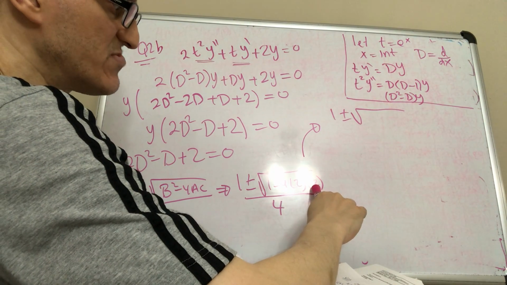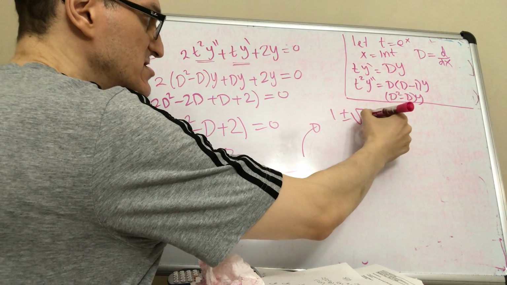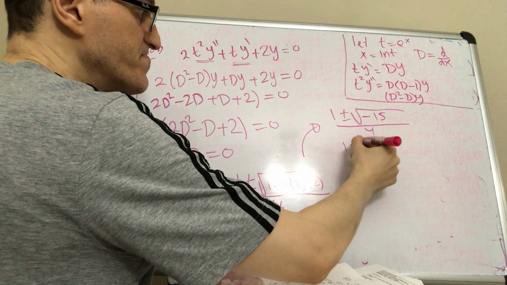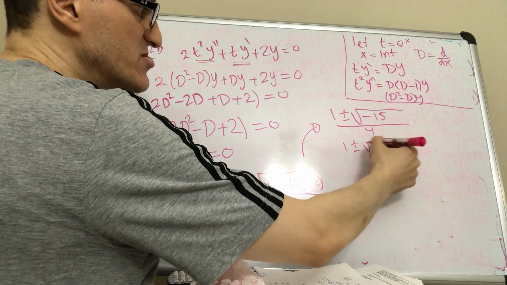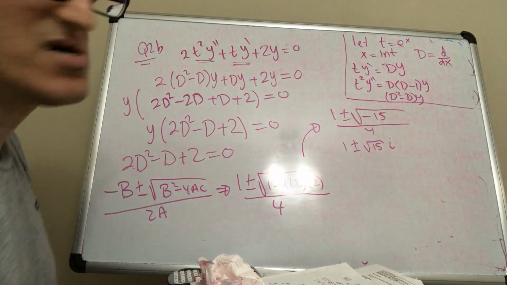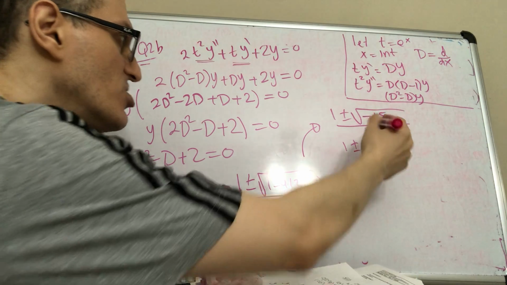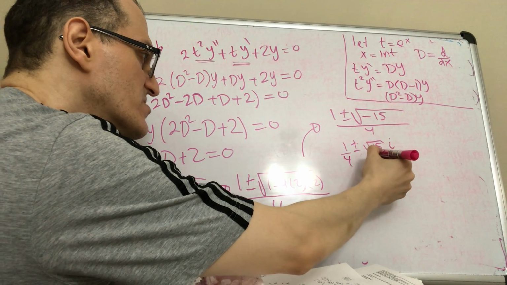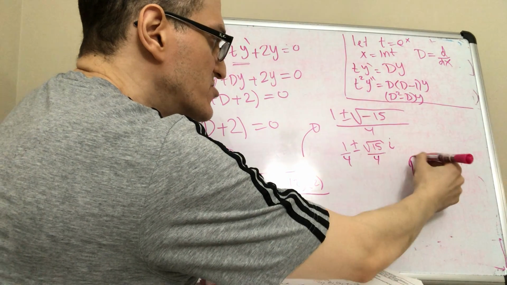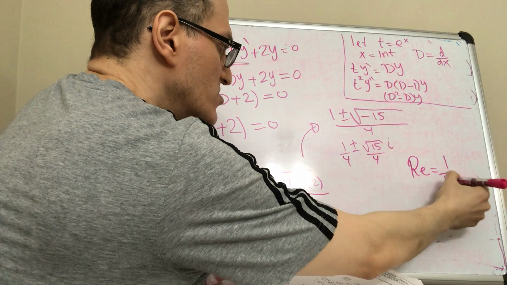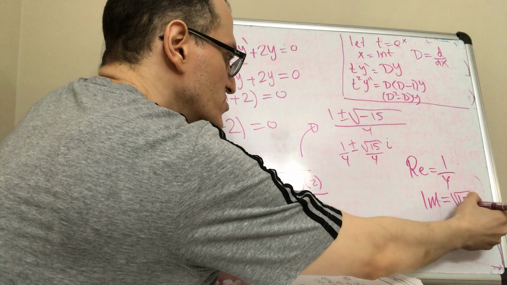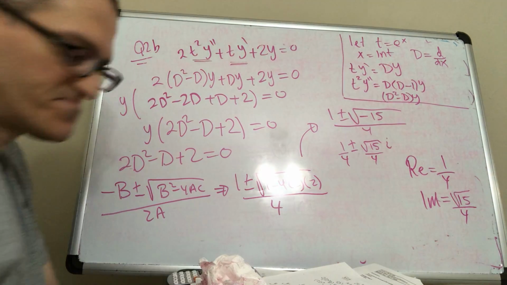Four times 2 times 2, that's 16. 1 minus 16 is negative 15 over 4. The square root of 15, you leave it at the square root of 15, but since this is negative, we put an i. Over 4. So your real part is 1 over 4, your imaginary part is square root of 15 over 4.